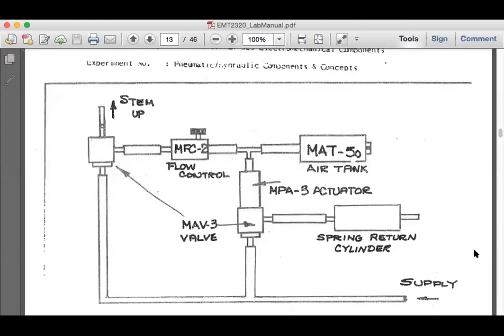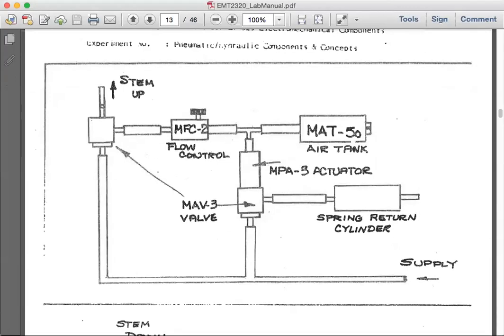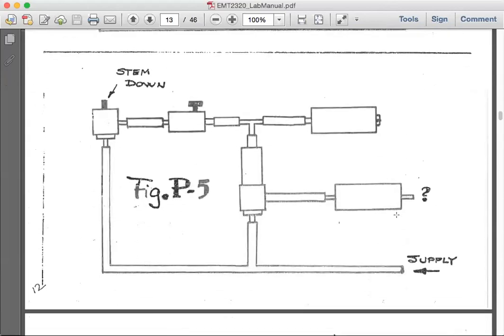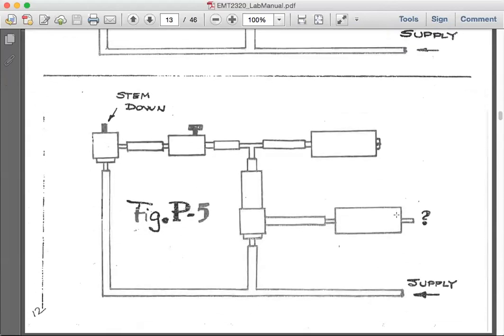Okay, so here's our first analysis of the first system. If you notice the page number in the lab manual, and this is the lab manual file that you received, this is page 12. So the pages that are referred to on the schedule of classes are the page number.